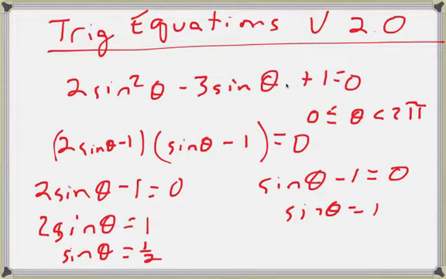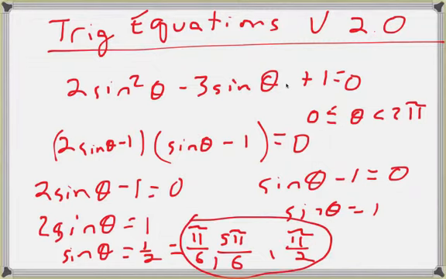Okay, so for 1/2, we have pi over 6 and 5 pi over 6. And for sine of theta equal to 1, it is pi over 2. So here are our 3 answers.